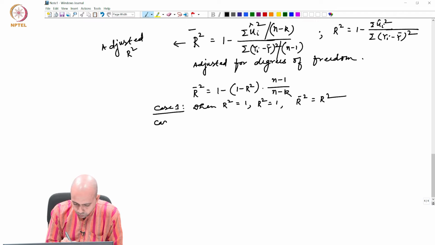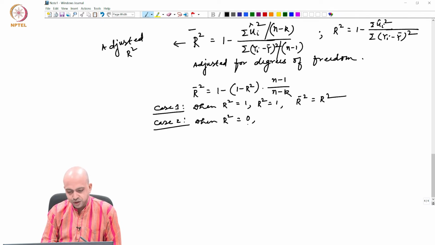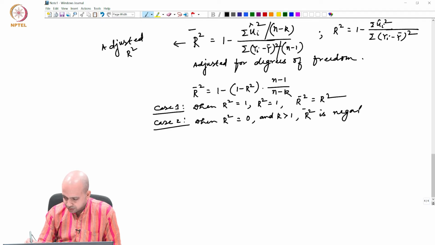Case 2: when R square equals 0, and k is also greater than 1, we can say that R bar square is actually negative.